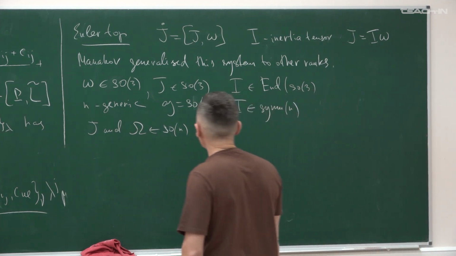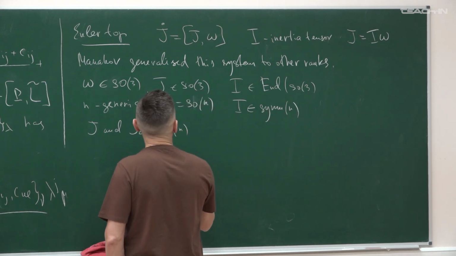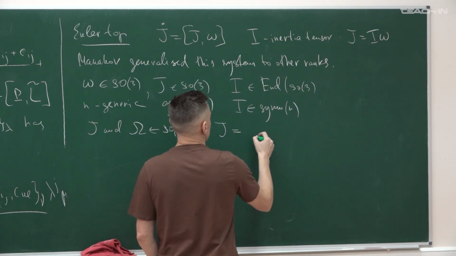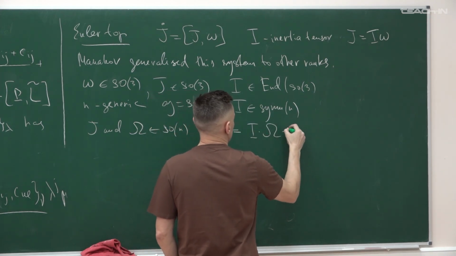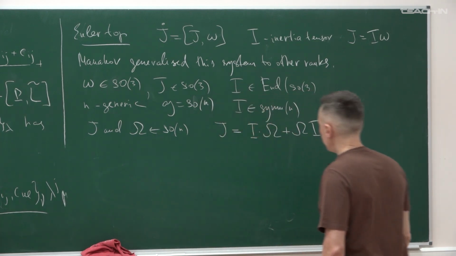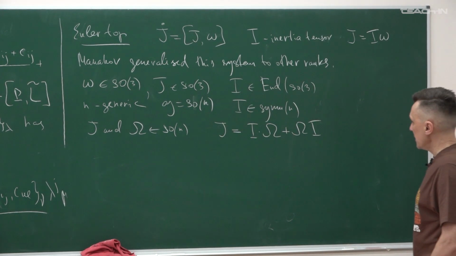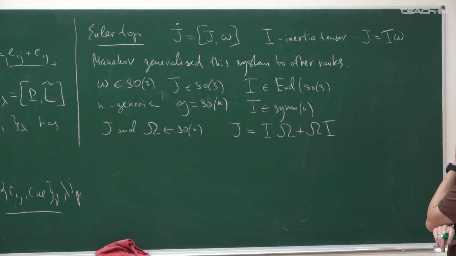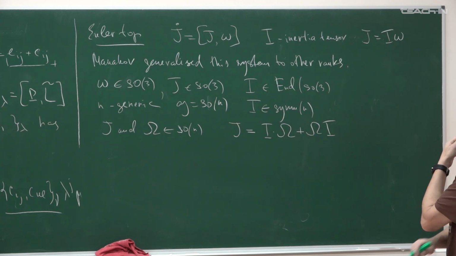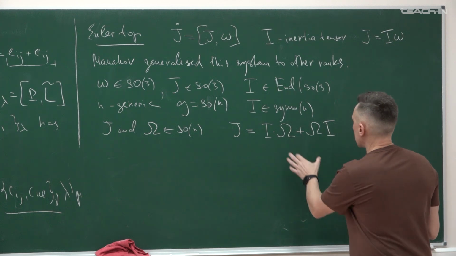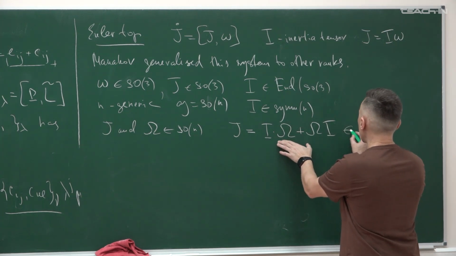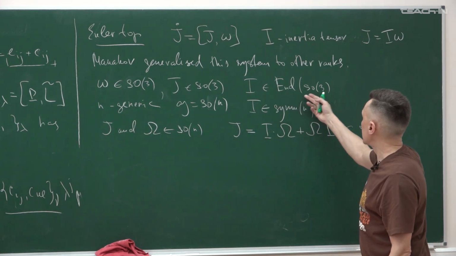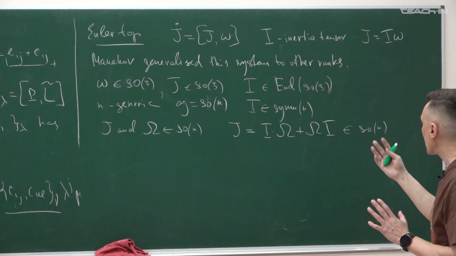And Monakov described such a system that J is I omega plus omega I, for the symmetric matrix of dimension N. So first of all, let us understand that this is again an element of SON. So it corresponds to some endomorphism on the linear space of the Lie algebra.